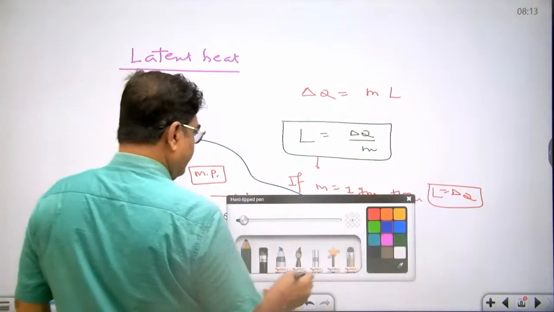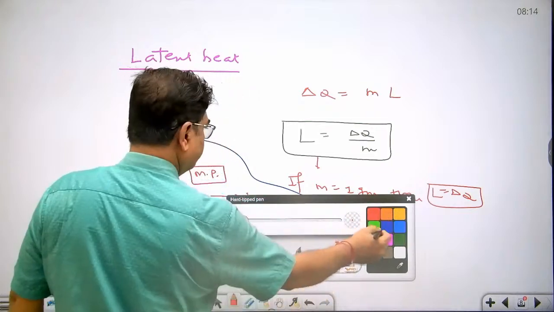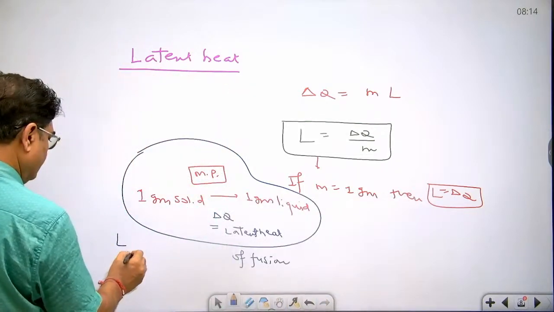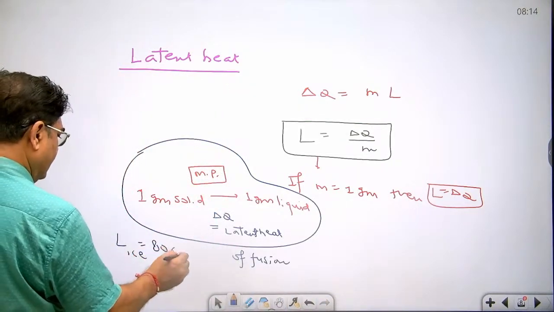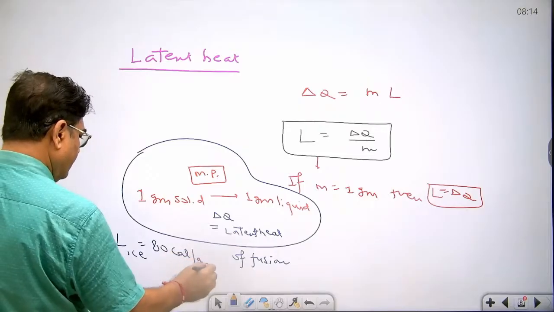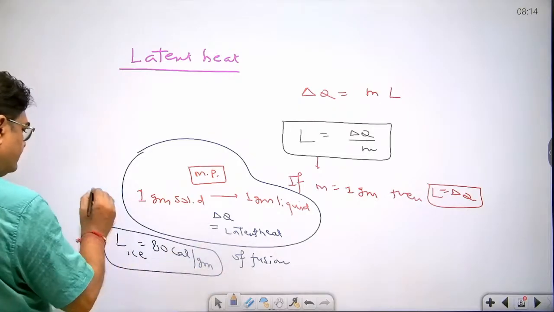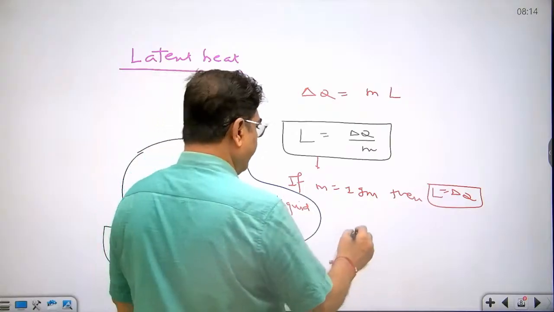And for ice, its value is 80 calorie per gram. And what is latent heat of vaporization?